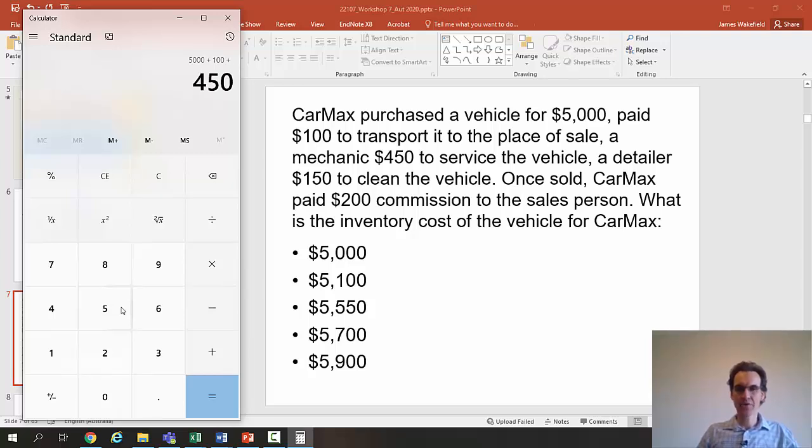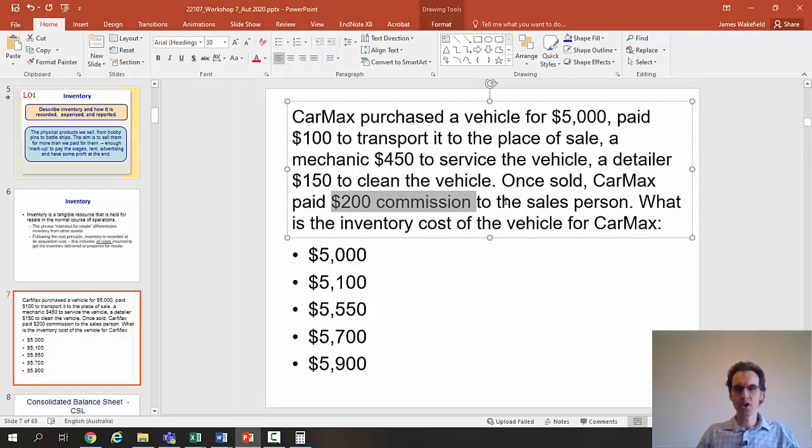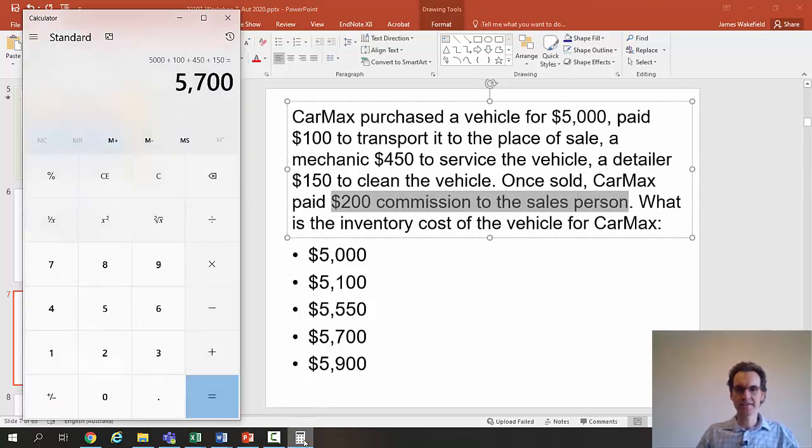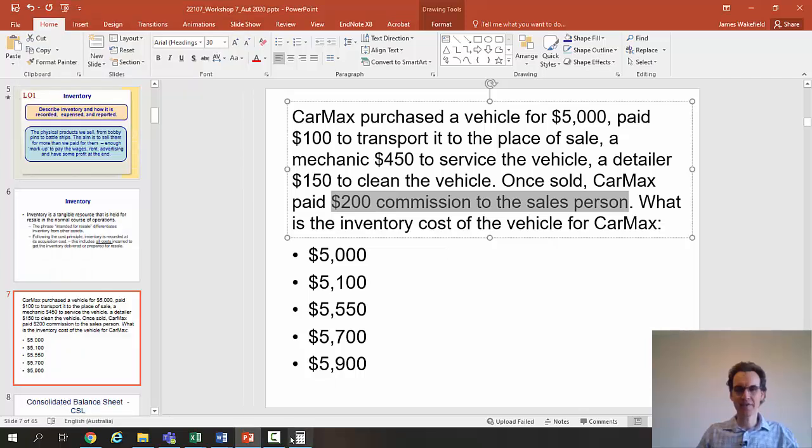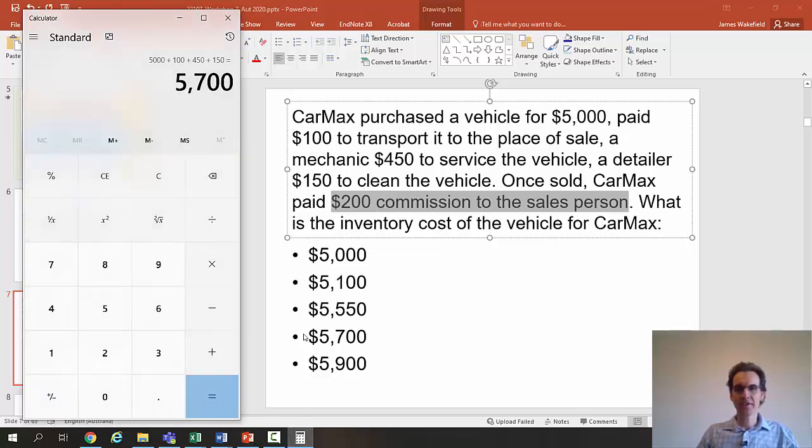And they pay a detailer $150 to clean the vehicle, again bringing the vehicle to a condition ready for sale. That gives us a total cost of $5,700. The only item we have not included here is the $200 commission to the salesperson for selling the vehicle. Is this cost incurred as part of the overall acquisition cost and bringing the inventory to a condition ready for sale?